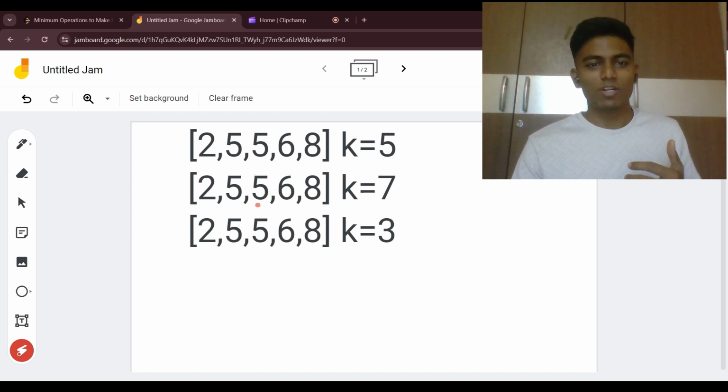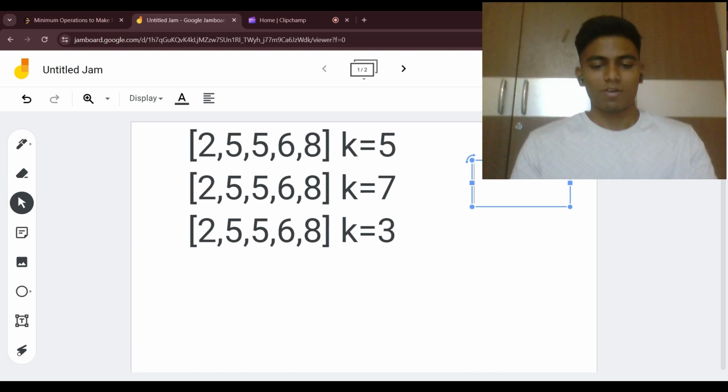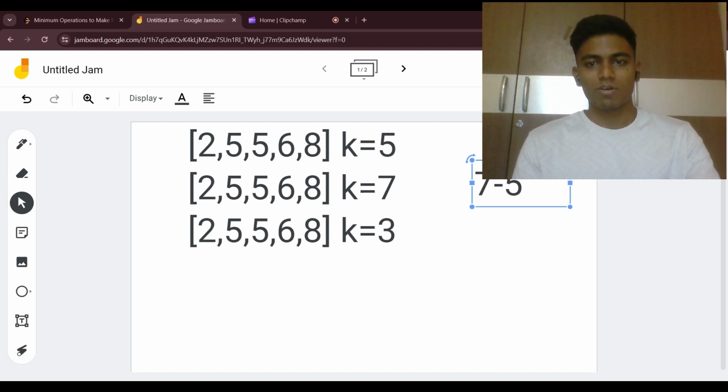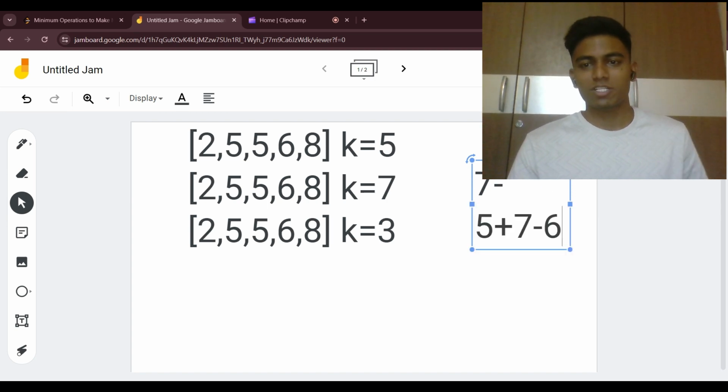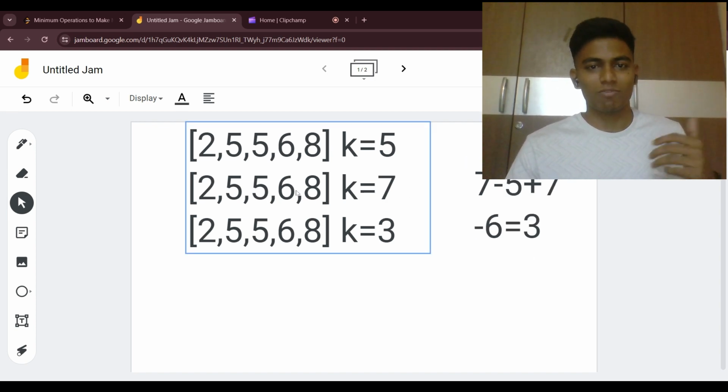So we need to increase all the elements on the right which are less than 7, to 7. So the operations are 7 minus 5 for the middle element, and then 7 minus 6 for the next element, which is 2 plus 1, which is 3 operations.